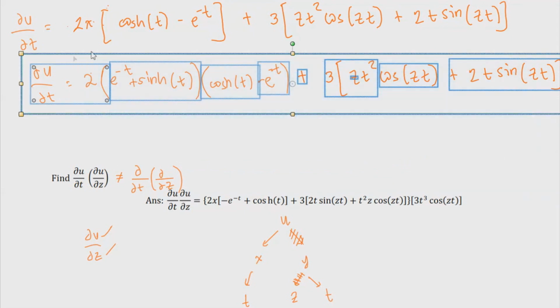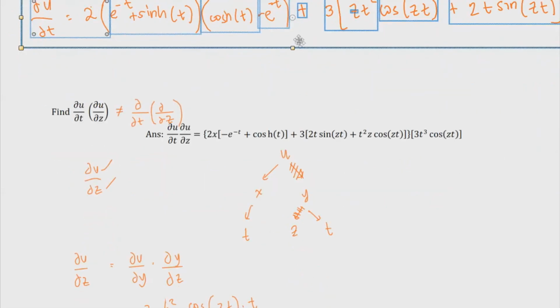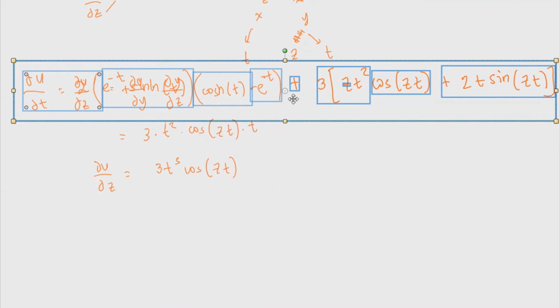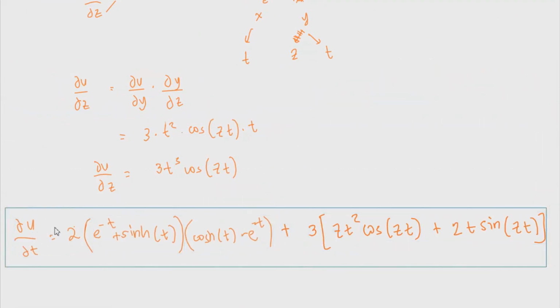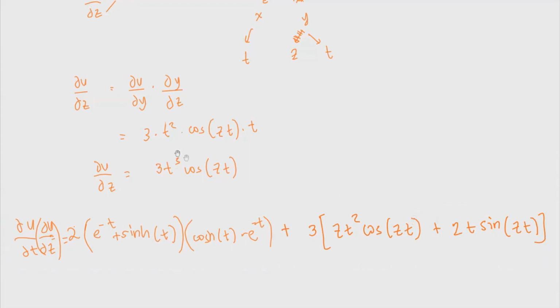So what we have now is this expression, and then we just have to multiply this, okay? So that we have the expression of this one multiplied with our partial derivative of u with respect to z, okay? That is equal to this expression multiplied by this expression.